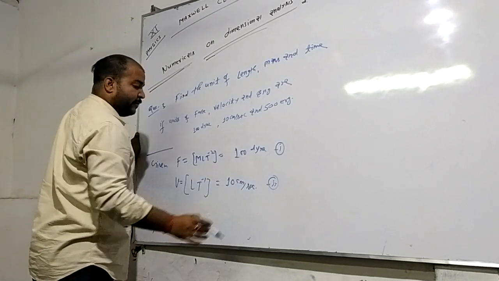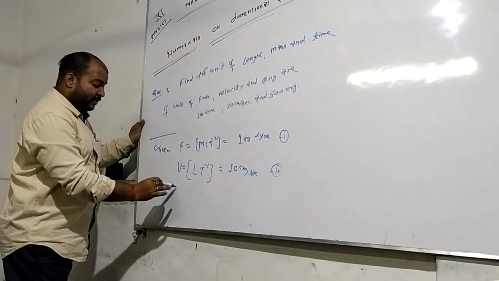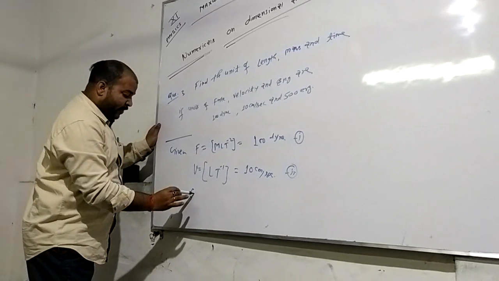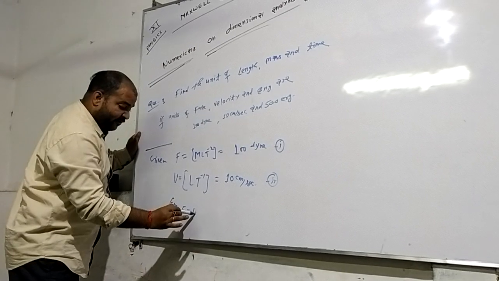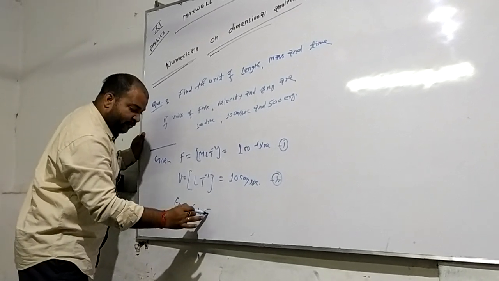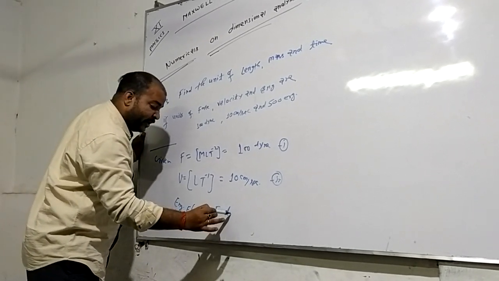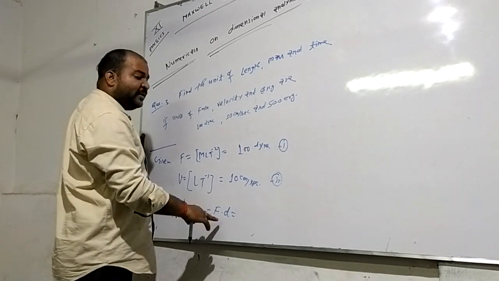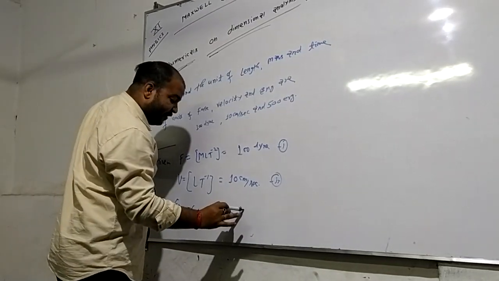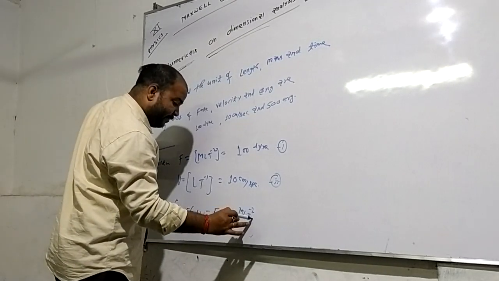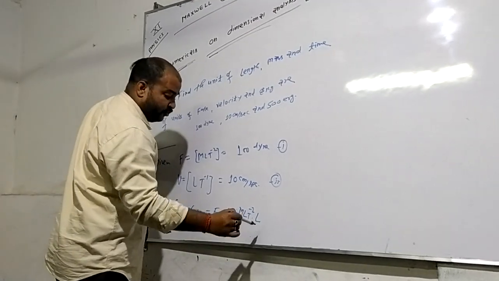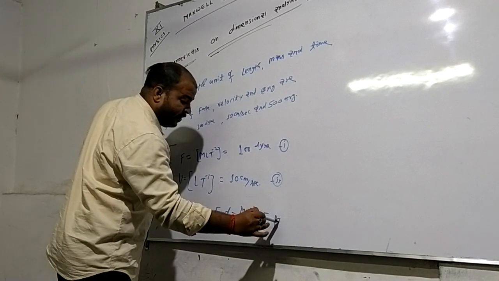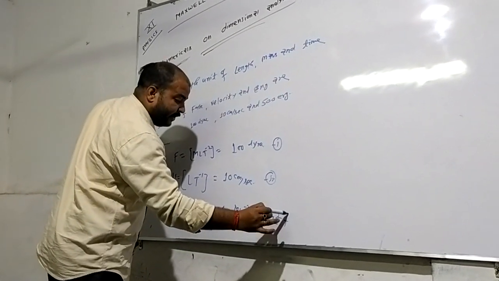Okay, this one is the second one. And energy is given. Energy is what? Work. Energy means force into displacement. Now, force is treated as fundamental, which we keep remembering. MLT minus 2 into L, and we can say ML 2T minus 2.